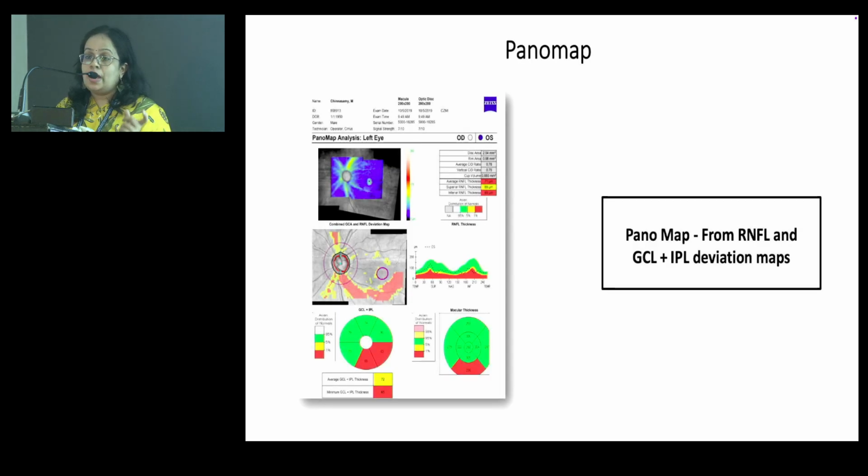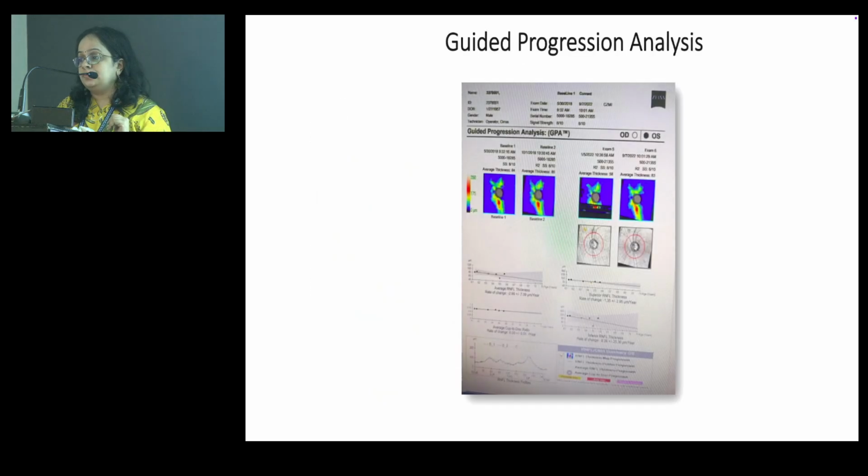And there is also the Panomap, which combines RNFL values with those of the ganglion cell IPL complex. So it's important to monitor the macular changes like GCL and IPL thickness also with the progression. And this is the guided progression analysis, which tells you about the average RNFL thickness.